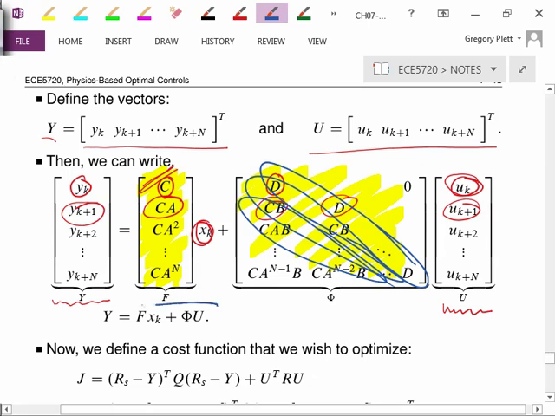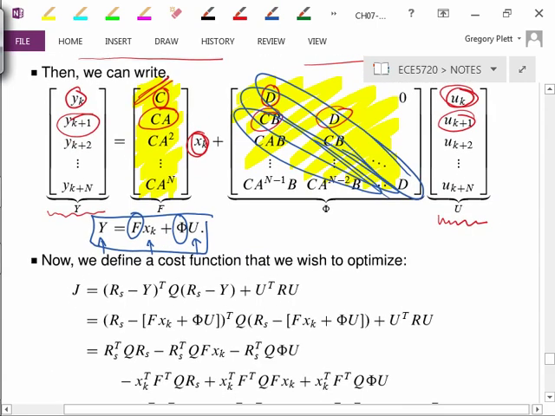But overall, we can write Y, capital Y, equals capital F times the present state plus this phi matrix times U, the future inputs. So future performance outputs, a function of present state and future inputs using known matrices F and phi.